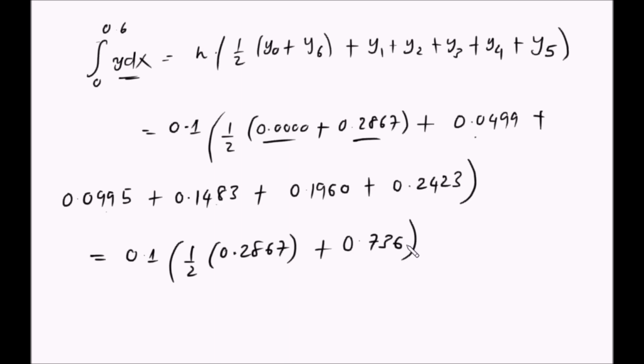Times 0.2867 times 0.1. So finally I'll get is equal to 0.087935.